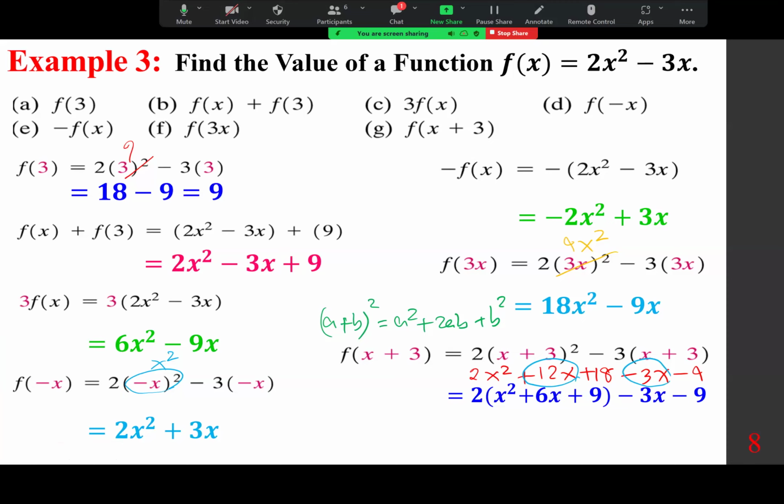They add up to 9x, and then 18 and negative 9 add up to positive 9. Therefore, f of x plus 3 ends up being 2x squared plus 9x plus 9.